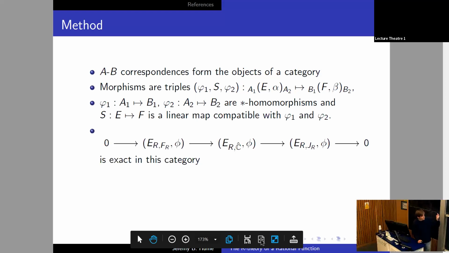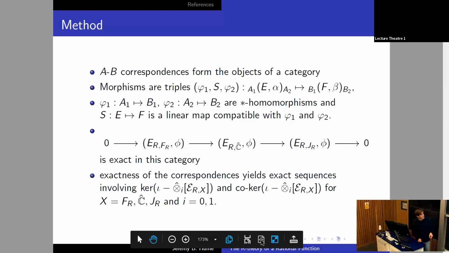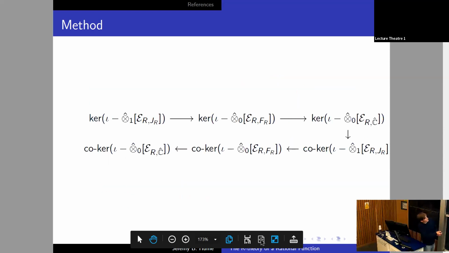And then I show that we have an exact sequence of these correspondences in a certain category, and this induces exact sequences involving these kernel and co-kernel groups. So for example, I have this exact sequence.